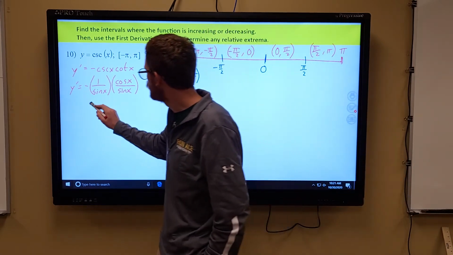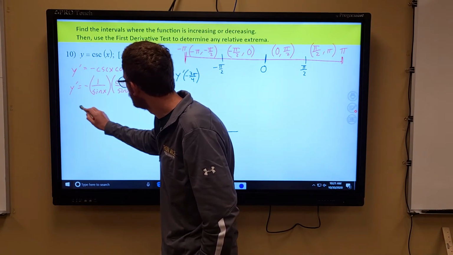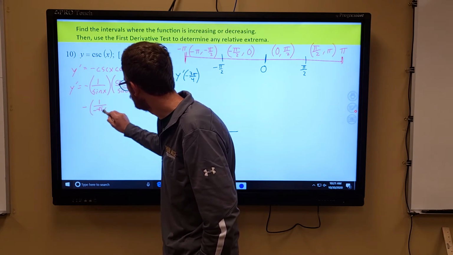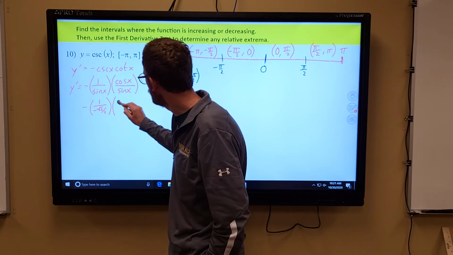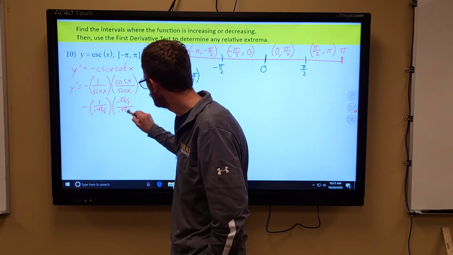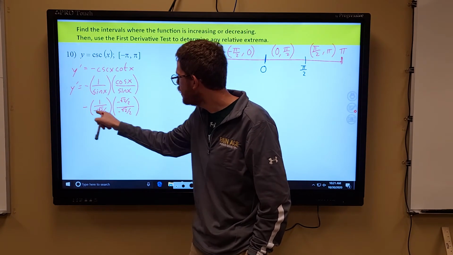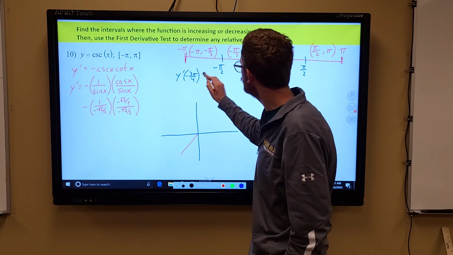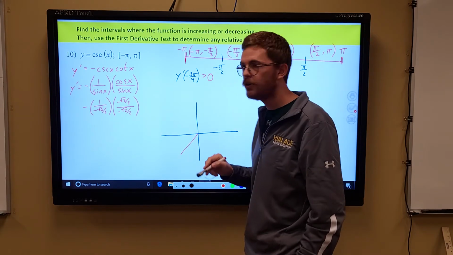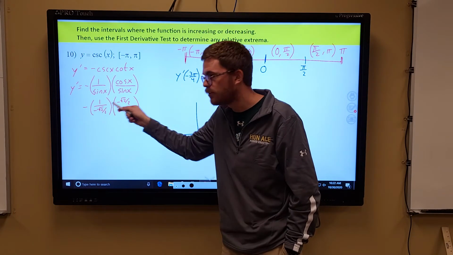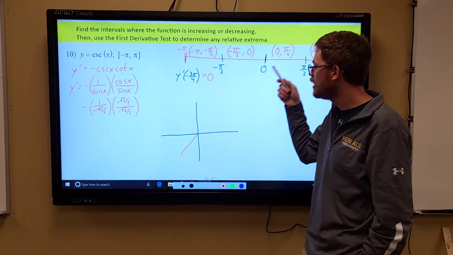So if I plug it in over here, I would have negative 1 over negative root 2 over 2 times negative root 2 over 2 divided by negative root 2 over 2. So this is a negative times a positive. Overall, this would be greater than 0. Notice this is a positive. A negative times a positive gives us a positive.